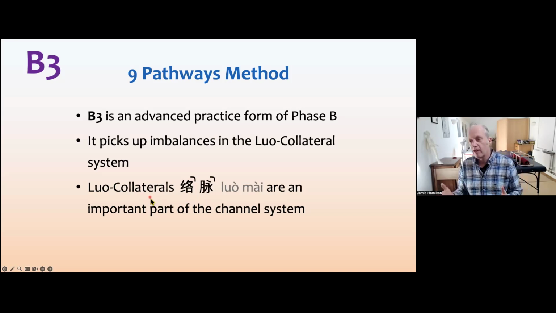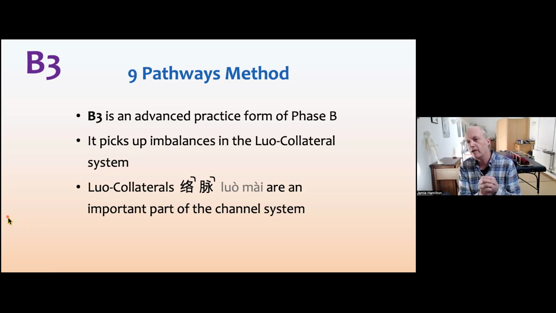The luo collaterals are a really important part of the channel system, and they can get blocked. They provide a kind of secondary network that comes out of the primary channels. So being able to do something with this from a diagnosis and then treatment is worthwhile.